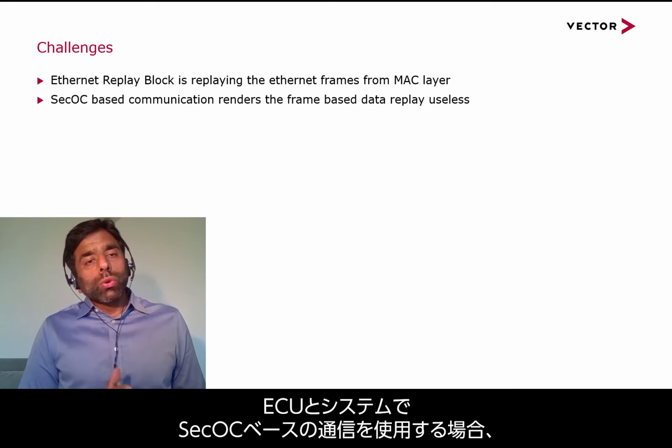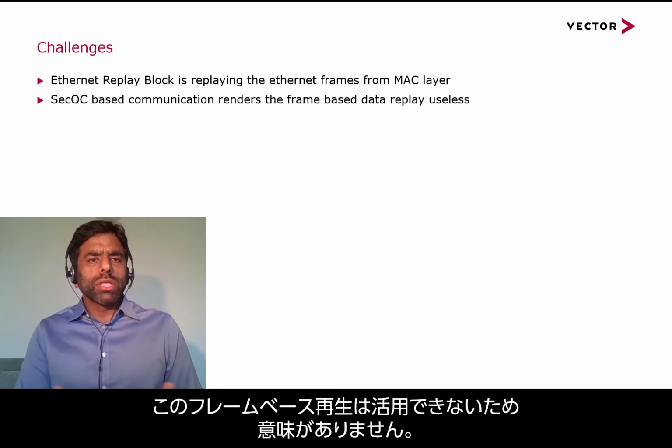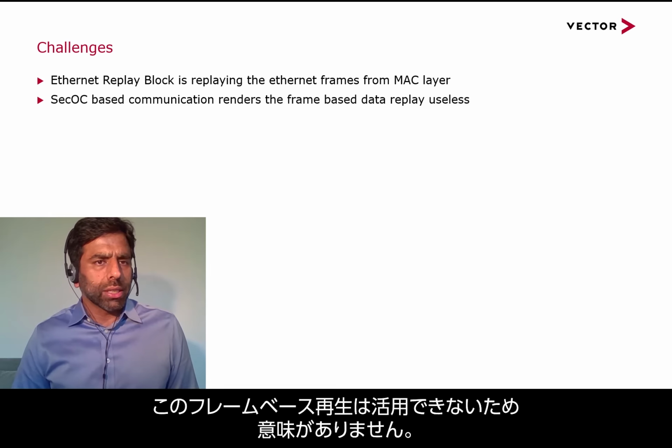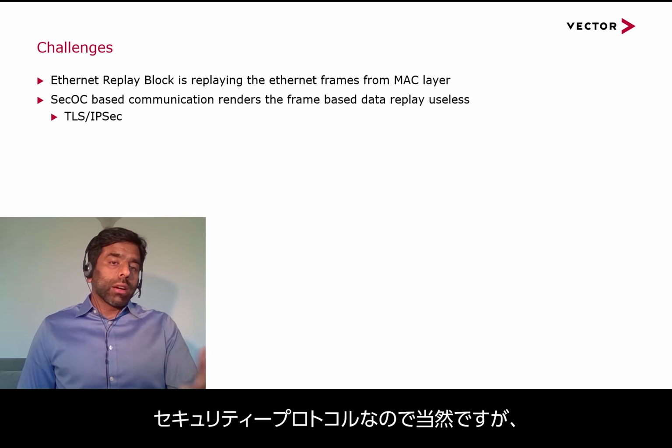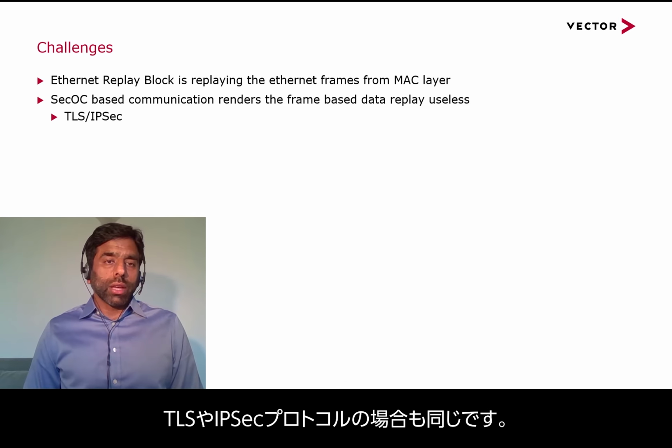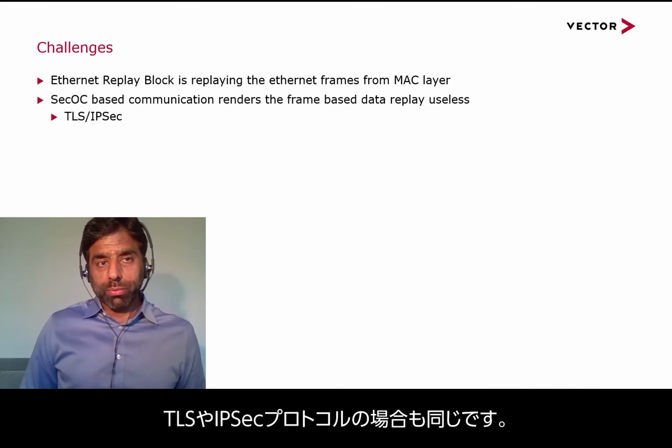Now, if the ECUs and systems are utilizing SOME/IP-based communication, then the frame-based replay is completely useless. It wouldn't have any meaning. The same goes for the TLS or IPsec protocols. These are the security protocols, of course.